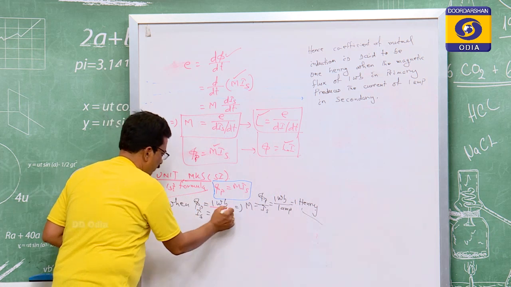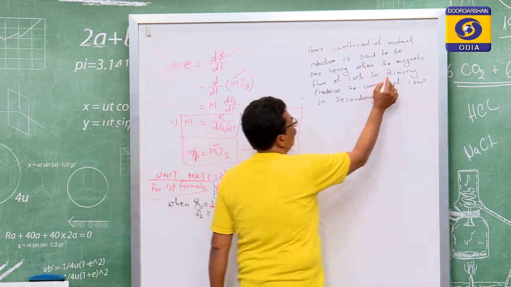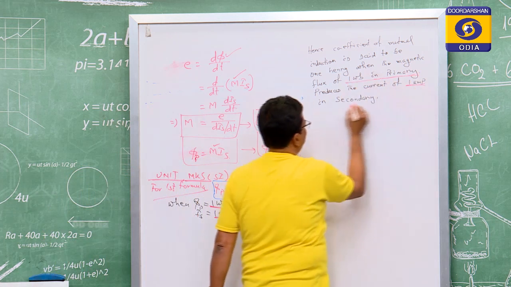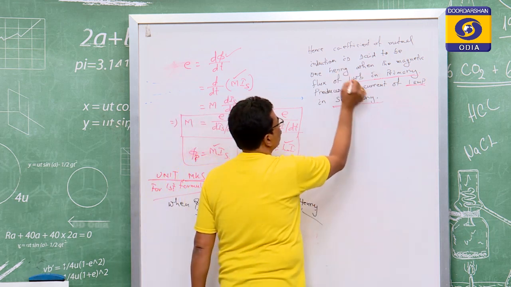You see, when phi p is 1 Weber and current is 1 ampere, that is 1 Weber in the primary and 1 ampere in the secondary. So this is for the mutual one.